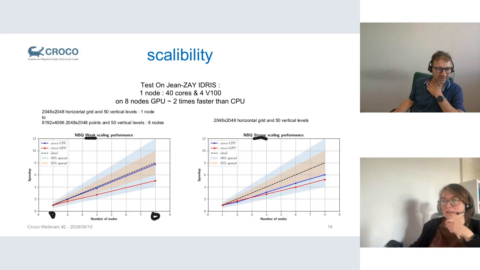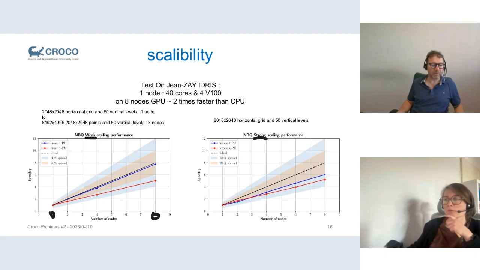Biran asks, it's a question in French, he has a laptop computer with 12 cores, an Intel Core, but he doesn't have a graphics card. Yes. The constraint is to have a graphics card, an NVIDIA graphics card.